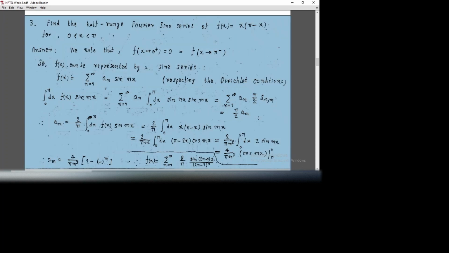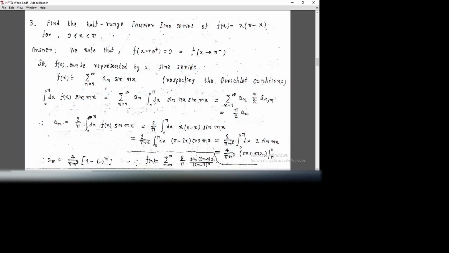Clearly, since f(x) is given in the question, this is a definite integral, and this can be done very easily. That is how we will now find the value of this coefficient. I have just taken 2 by pi to the other hand side.